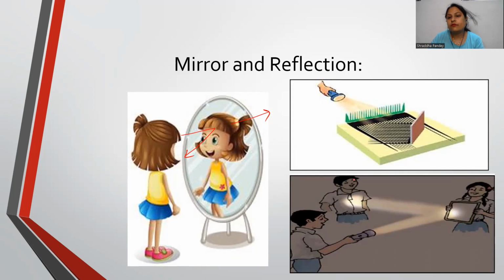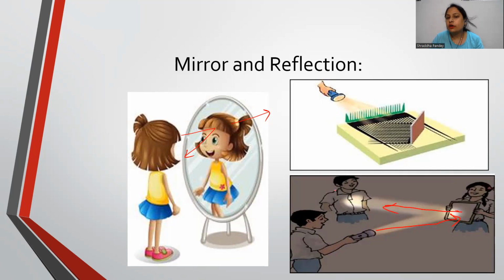Here we can perform one activity. You can take your three friends. Ask one friend to hold the torch, another friend to hold a mirror, and the other friend to stand. You light up the torch so that the light falls on the mirror, and adjust it in such a way that it is reflected back in another direction.